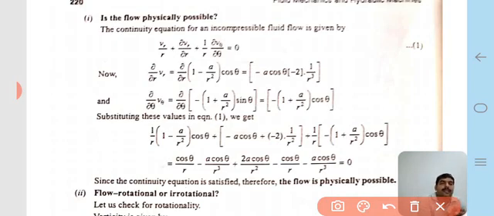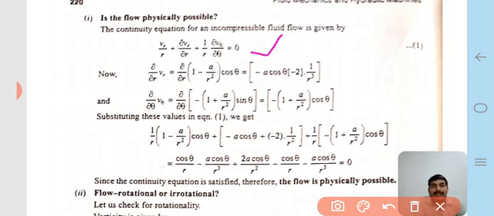Therefore, we use the continuity equation in the polar coordinate system, that is Vr upon r plus del Vr upon del r plus 1 upon r del v theta upon del theta is equal to 0. That is the continuity equation in polar coordinates.